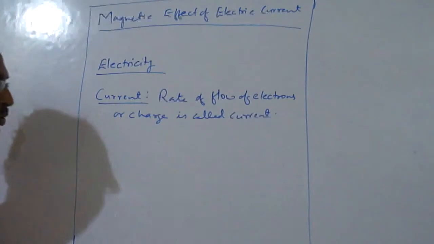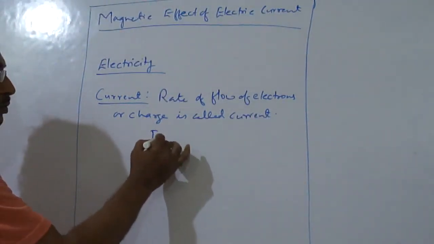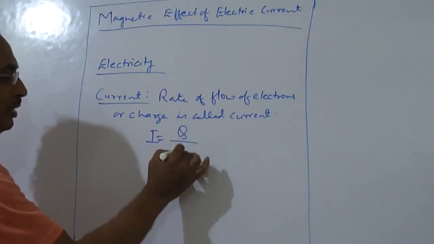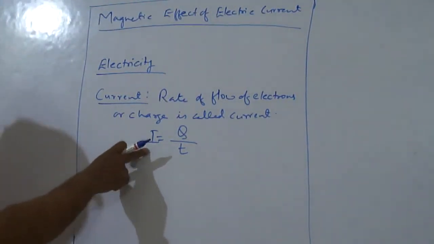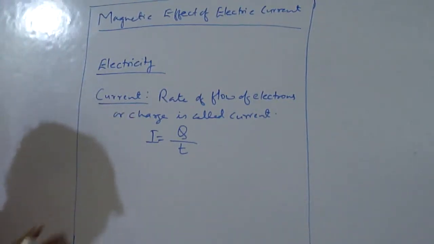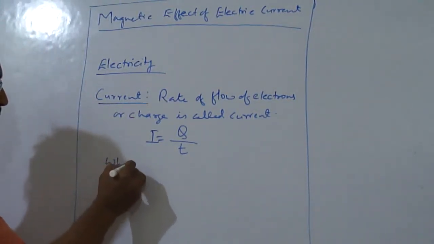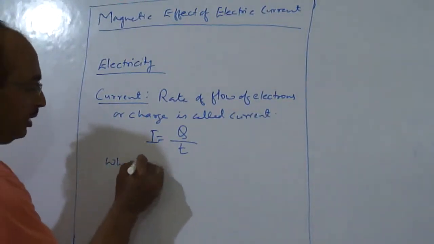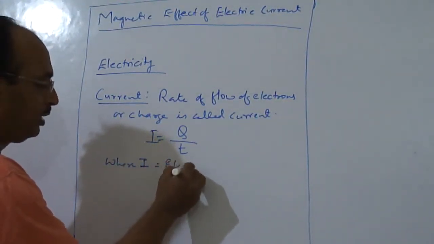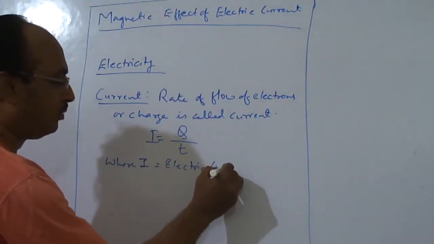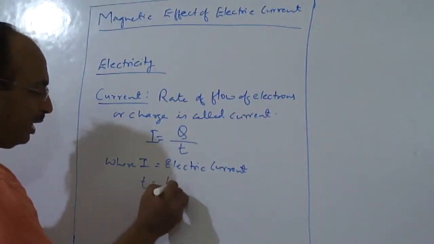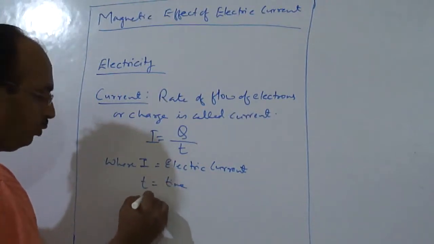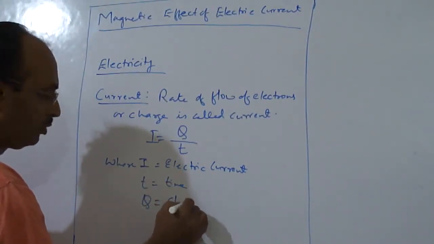Right. So what was it? I is equal to Q by T. I is equal to Q by T, where I is electric current, T is time, and Q is charge.